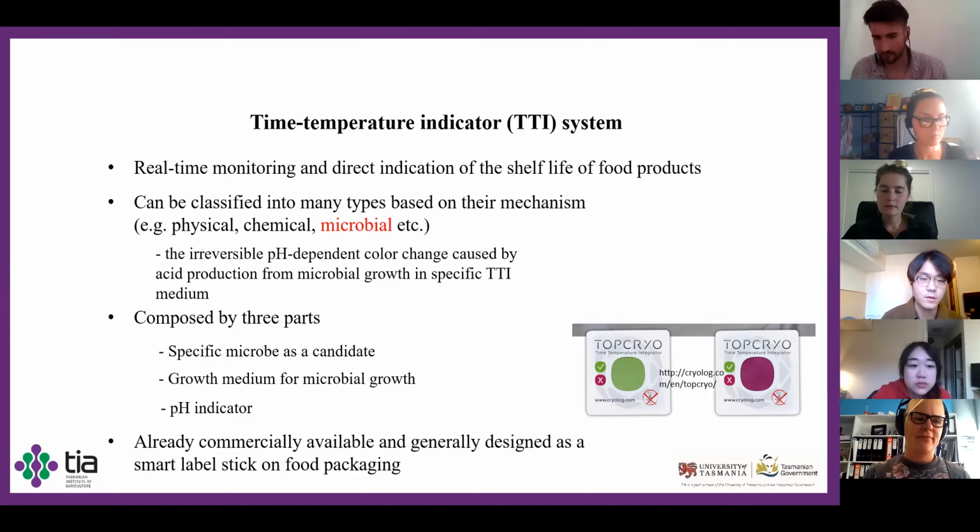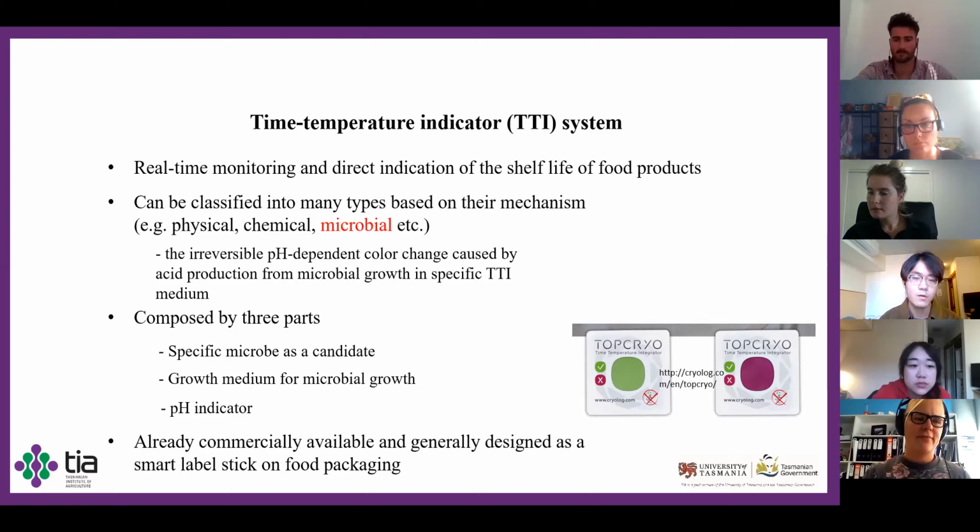This is a simple explanation of the microbial TTI system. It's mainly composed of 3 parts: the specific microbes as a candidate, the growth medium for the microbial growth, and the pH indicator.